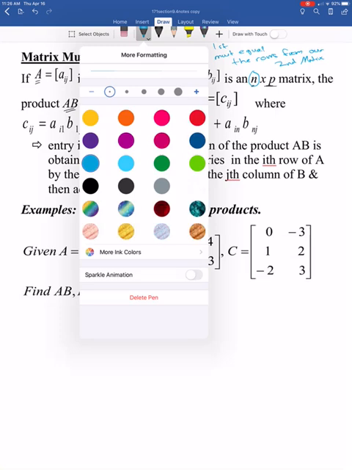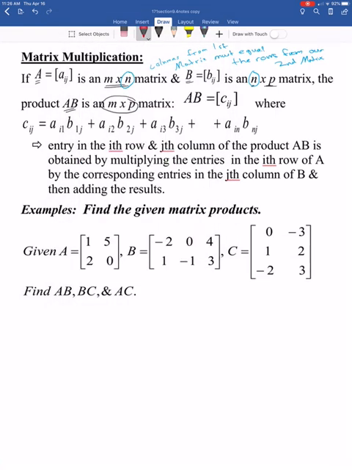Now, the other two entries that we did not compare, the rows from our first matrix and the columns from our second matrix, m and p, form the size or the order of your product AB. What we're going to be doing in multiplying matrices is multiplying rows by columns.